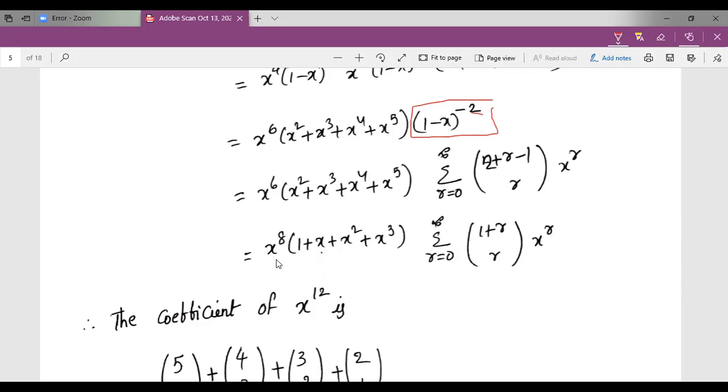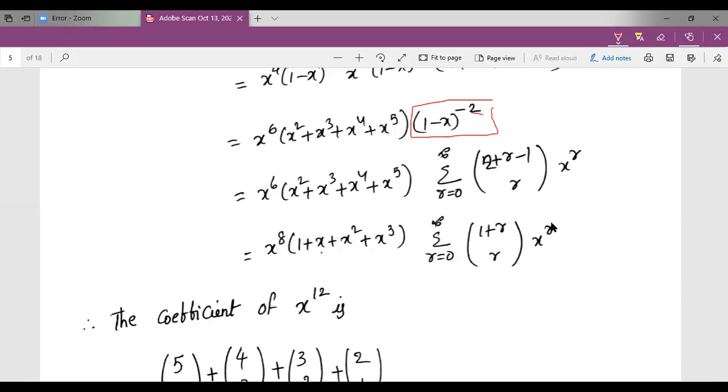Here, how many cases arise? x power 8 into x power r, x power 9 into x power r, x power 10 into x power r, and x power 11 into x power r. 4 cases arise. In x power 8 into x power r, we totally need x power 12.